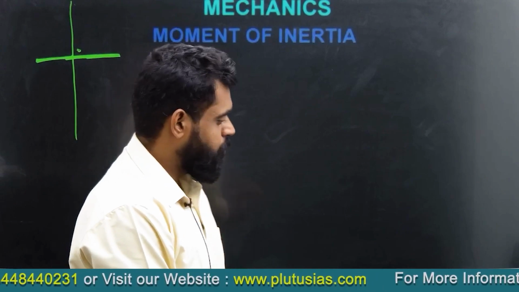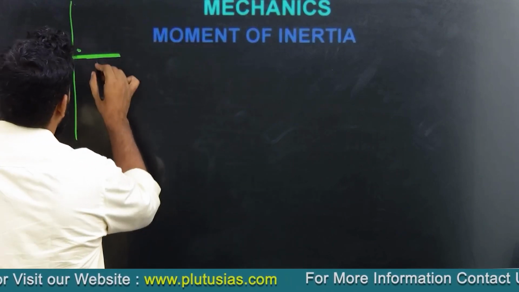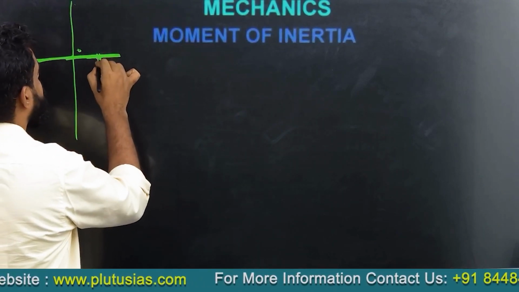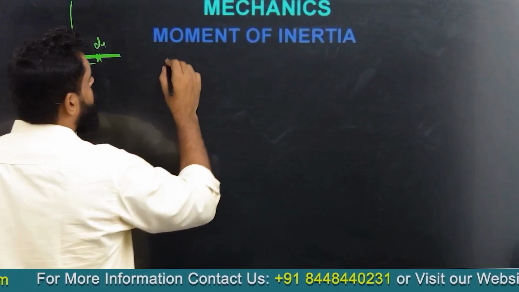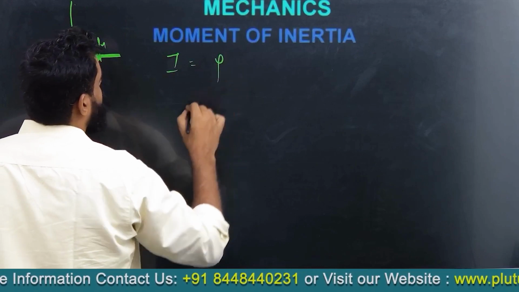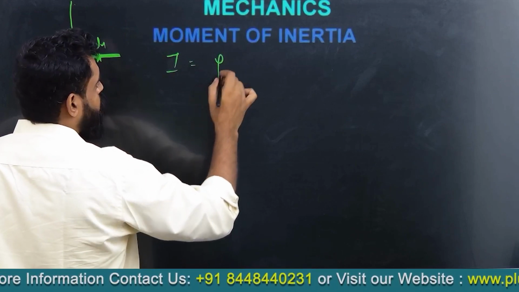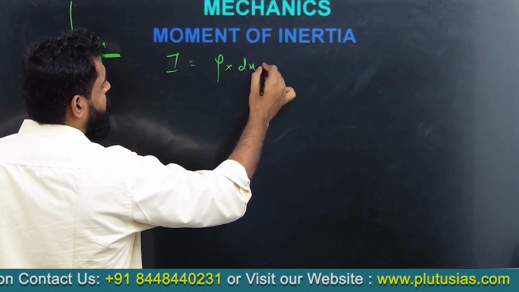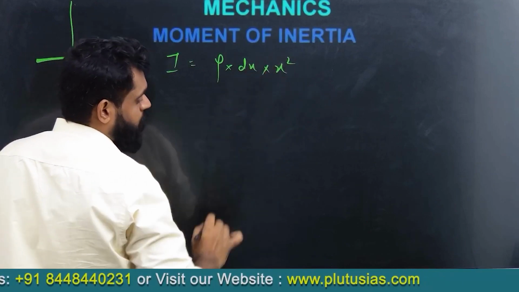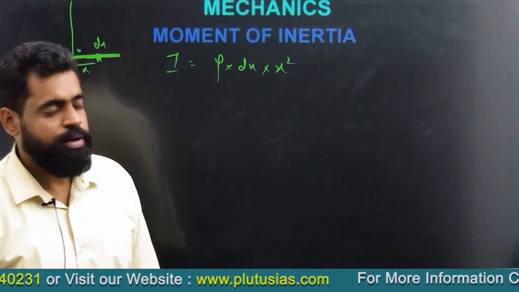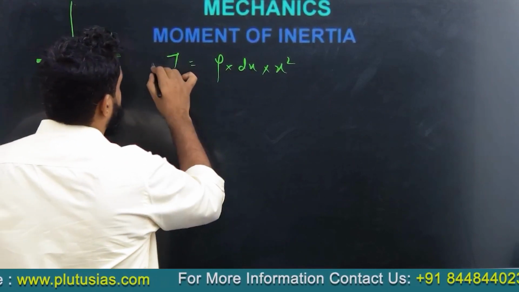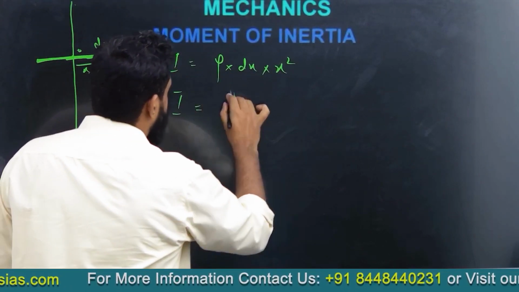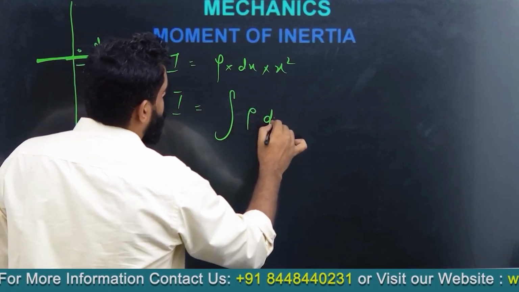Suppose we consider an element dx at distance x from here. What would be the moment of inertia? rho into dx would be the mass, and x square would be the distance squared, so dI, and I would be the integration of rho dx into x square.